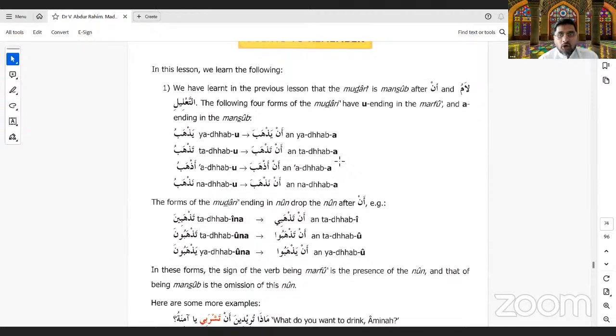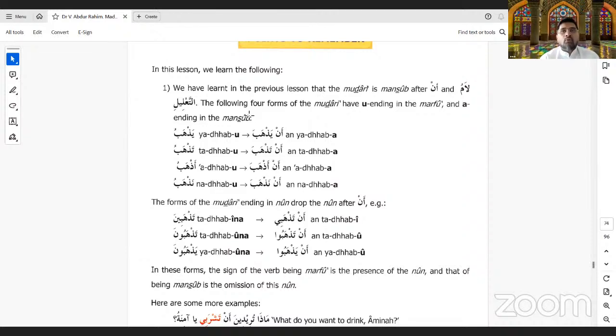And the other thing we are going to learn is lam al-ta'lil. Lam al-ta'lil is a lam which comes in a sentence where there are two verbs. It comes in explaining why the first verb is taking place.